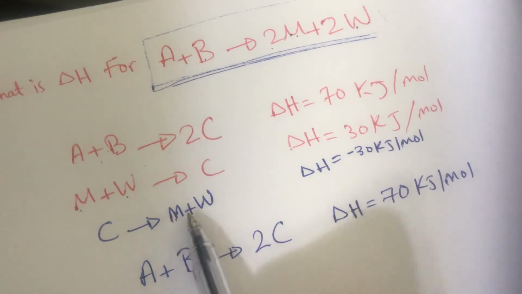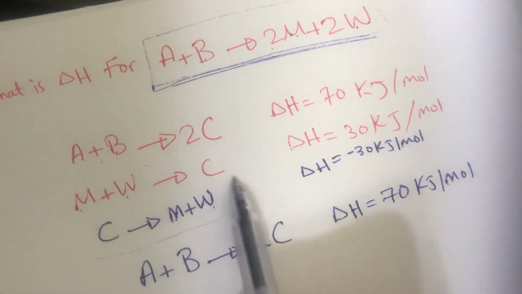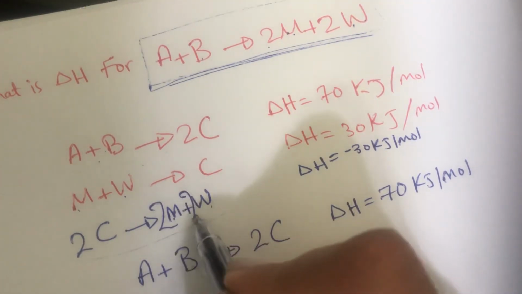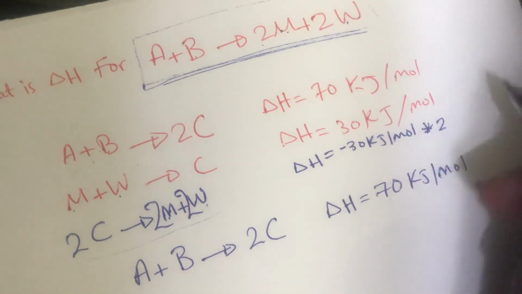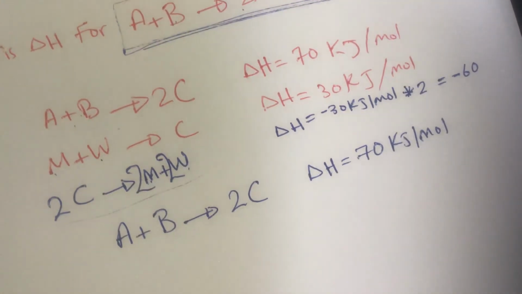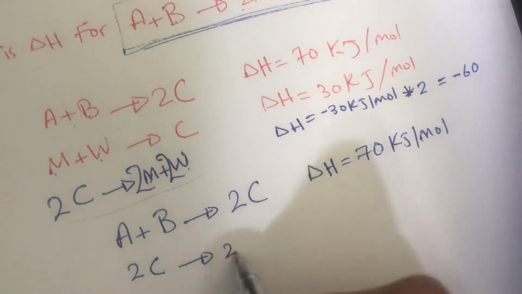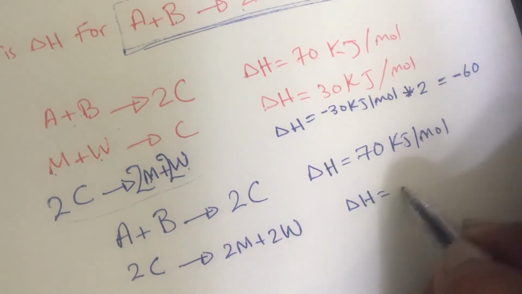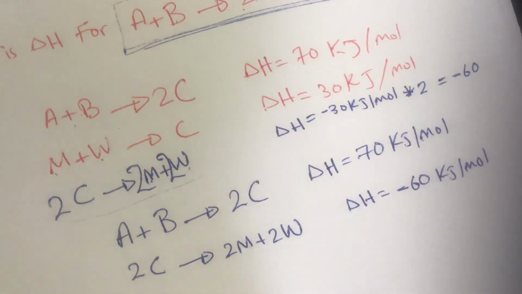Here you have M plus W, so you have to multiply the reaction by 2. So if you multiply here by 2, also here you have to multiply by 2. So delta H equal minus 60. So now 2C produce 2M plus 2W, delta H equal minus 60 kilojoule per mole.